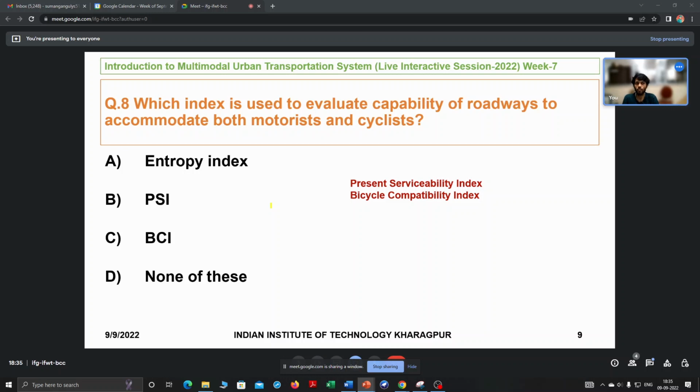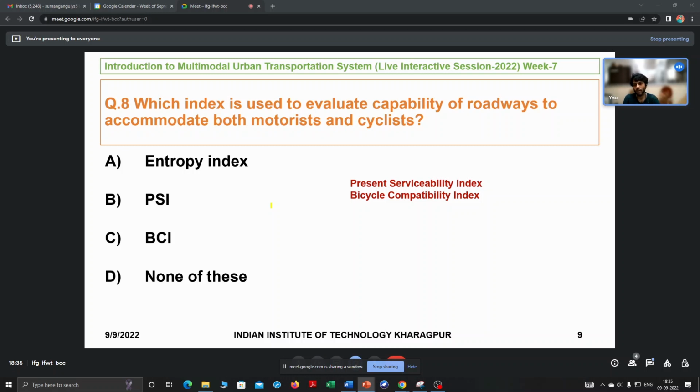Suppose you have a paved road and now you want to evaluate its serviceability condition. Whether it is required to upgrade the road or not has to be decided using the present serviceability index criteria, right? So this is called PSI.